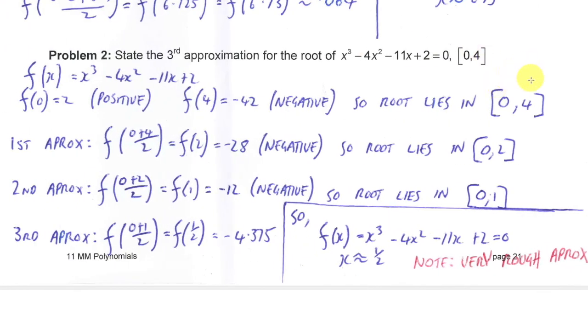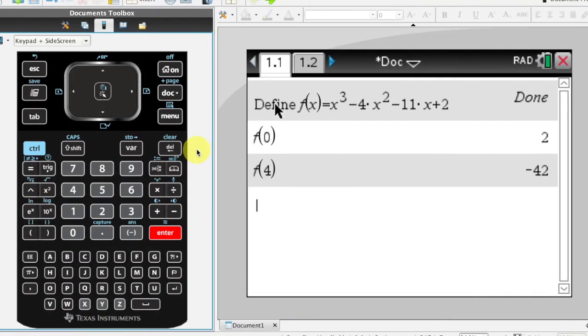So positive and negative, so I know that the root lies between the two. What I did next was just went halfway of that interval, so f of 2, and I've got negative 28. So because f of 0 is positive and f of 2 is negative, then the solution must lie between 0 and 2.